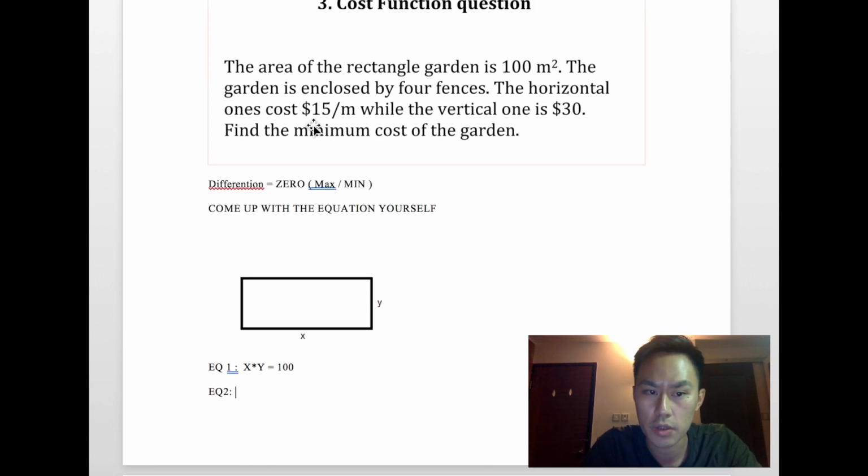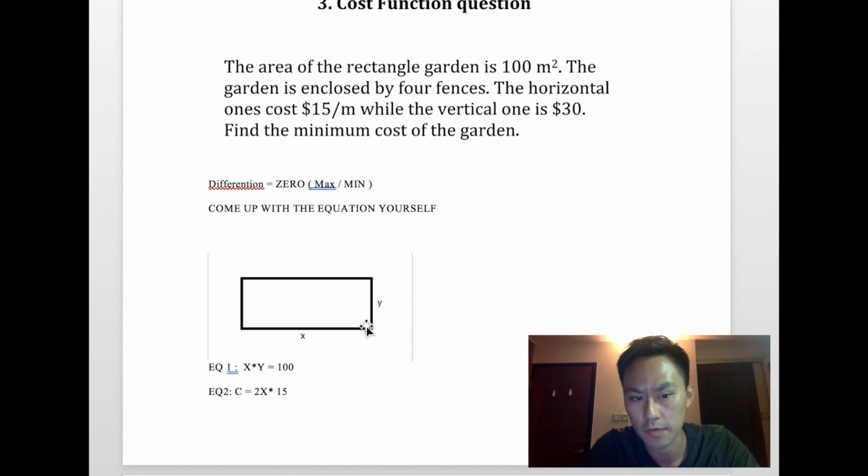Equation 2 obviously has to be based on the cost. So for minimum cost, let C be the cost. When you build the fences, you have to consider the money, right? Horizontal ones cost $15, and horizontal is x, so we have x and another x, so 2x, times $15, right?